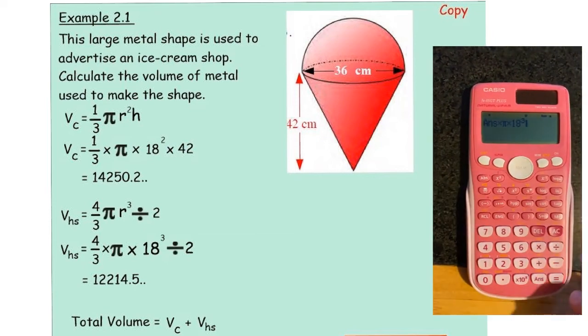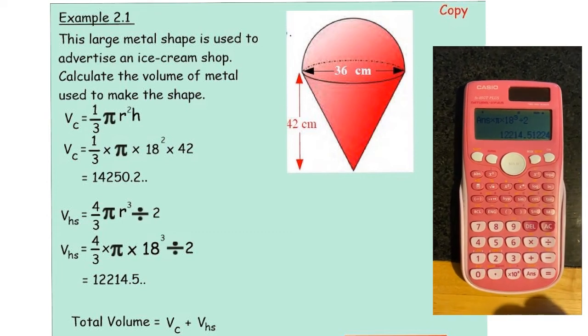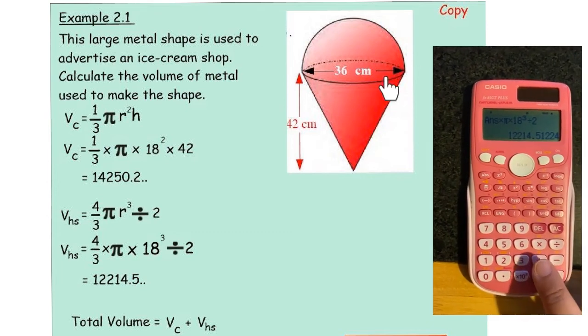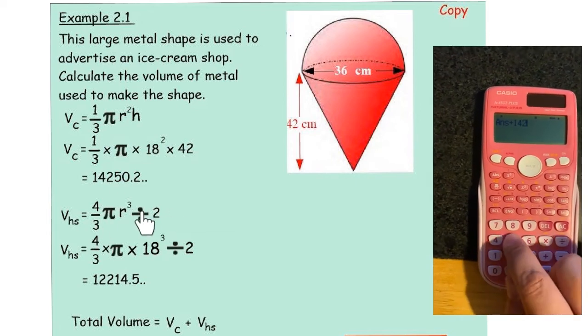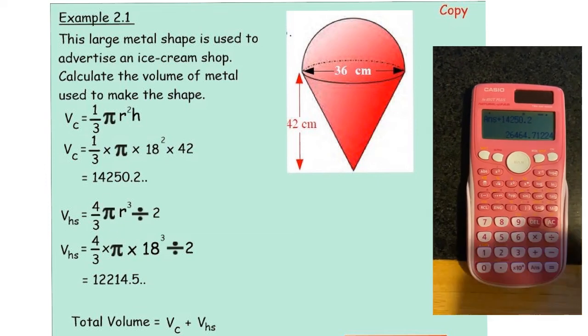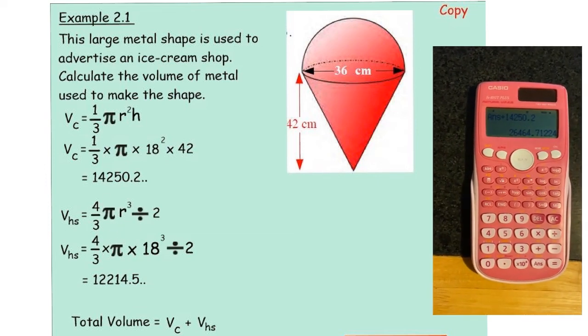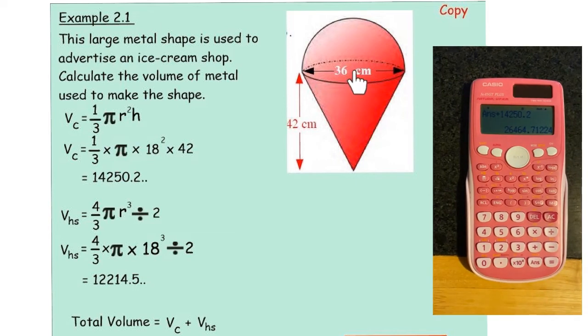I've gone on and done the second calculation. The second calculation is for the hemisphere that's on top. So it's a sphere divided by 2. Look up the formula for the sphere, and then remember you have to divide it by 2 for a hemisphere. The formula for the sphere requires the radius. The radius of the sphere is going to be the same as the radius of the cone, because the radius of a sphere goes from the center to anywhere on the edge.